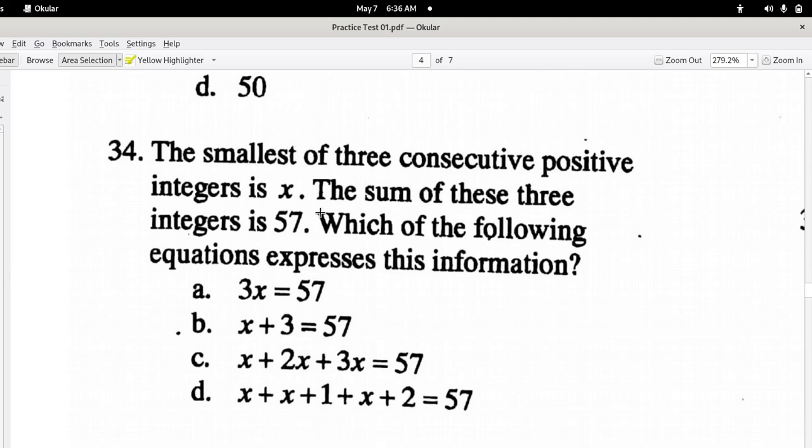Suppose the smallest one was 10. What is the one immediately after 10? How do you get it? What do you have to add to 10 to get the next one? And then the third one, right? Now, if you add all those 3 numbers, you get 57. Just simplify what you have and you will see what the answer is here.